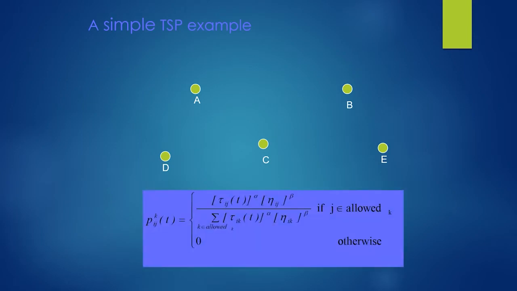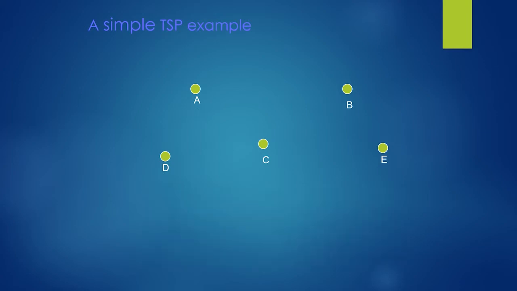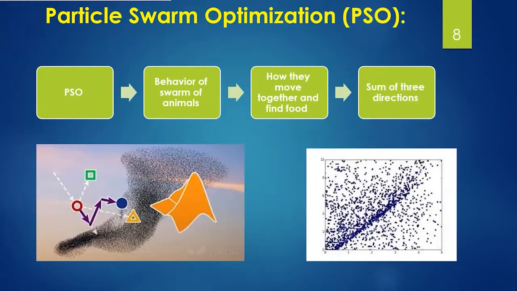The mathematical formula of that has been proposed here, and the next one is particle swarm optimization, or PSO, which has been proposed to solve continuous optimization problems, and the algorithm comes from the behavior of swarm animals and how they move together and find food.